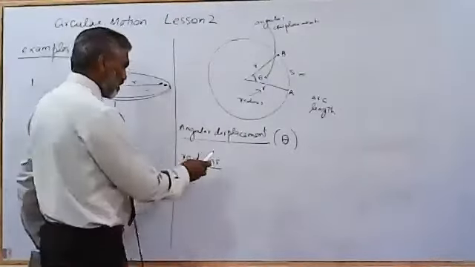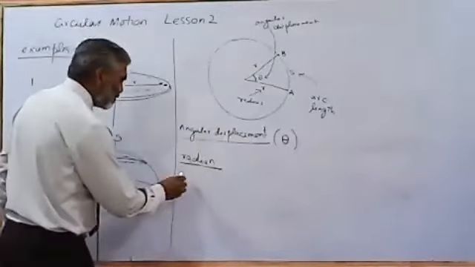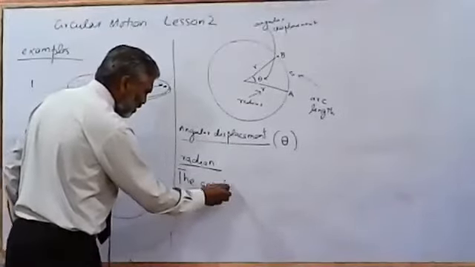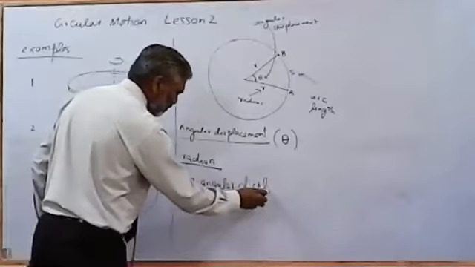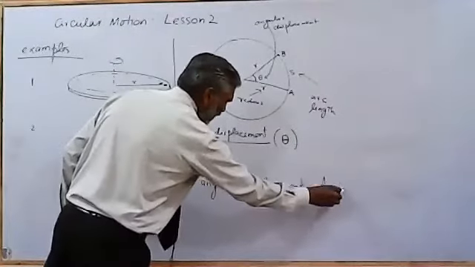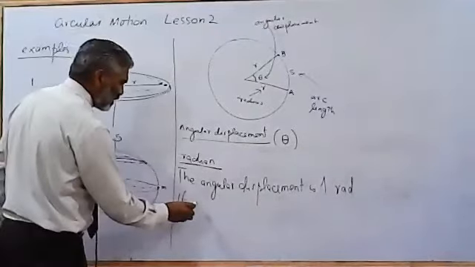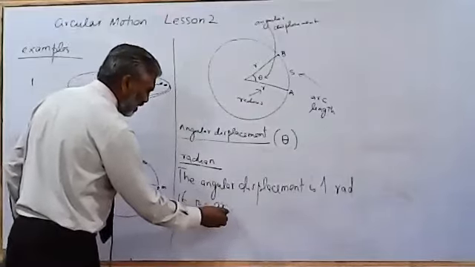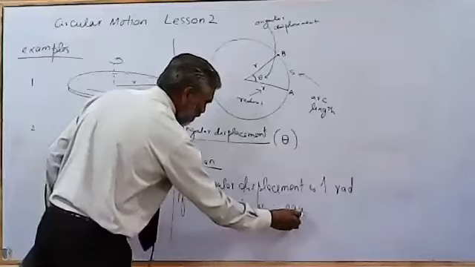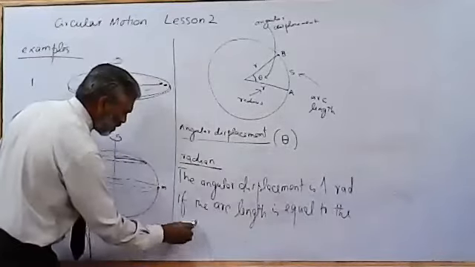What is a radian like? The angular displacement is 1 radian if the arc length is equal to the radius of the circle.